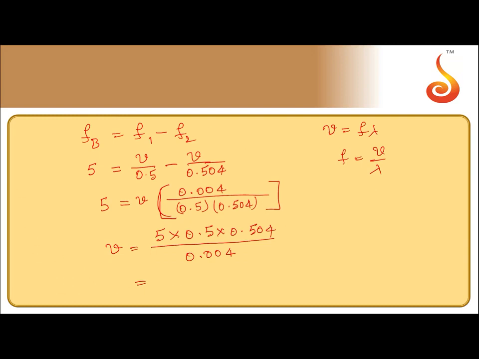Let us calculate this. 5 into 0.504 into 0.5 divided by 0.004. It will give you 315. This is the speed of sound in air.